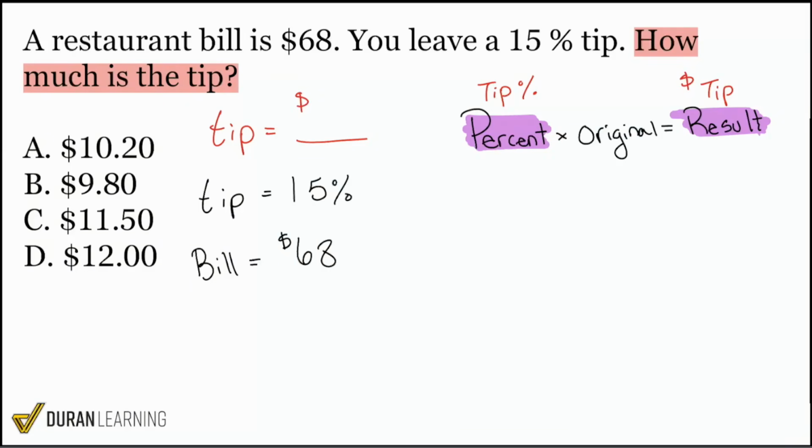So 15% of that $68 bill is going to be the amount of the tip. If you multiply by the percent of the tip, you'll get the amount of the tip. That's straightforward. So with that, let's do the calculation and see if this leads us to the correct answer.